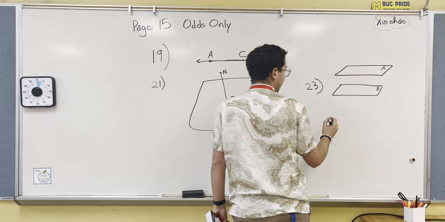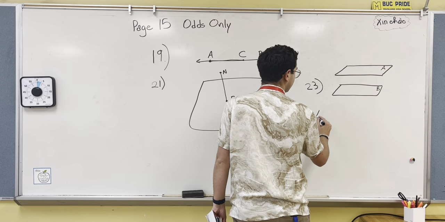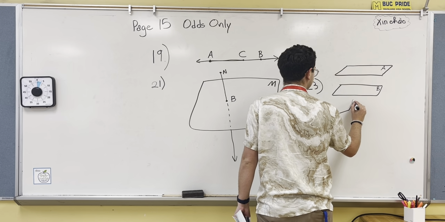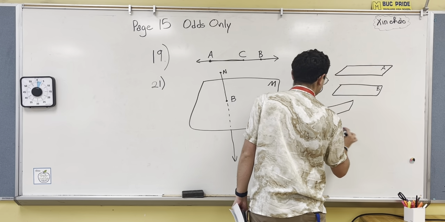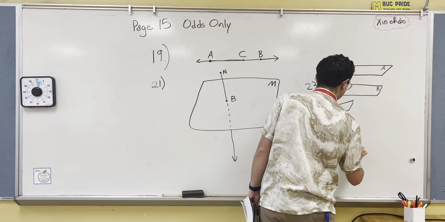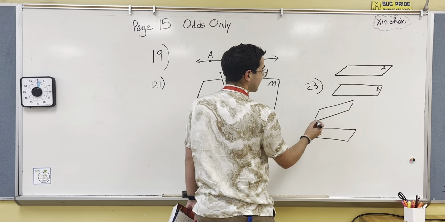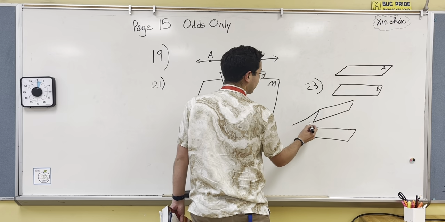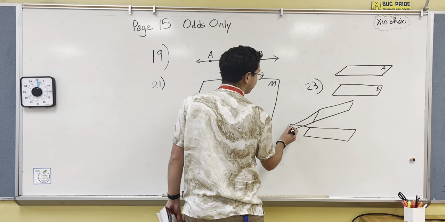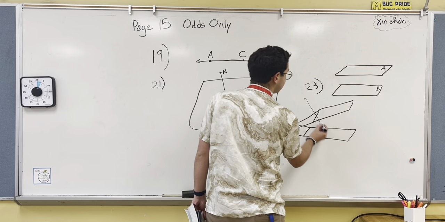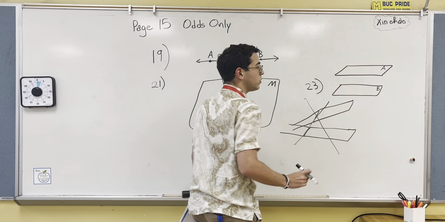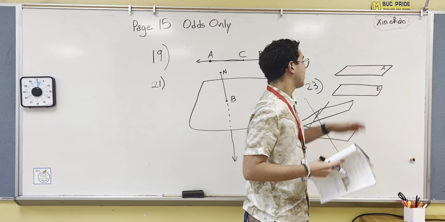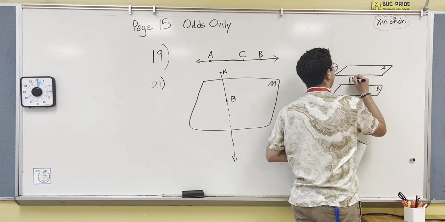Interesting to note is that if you drew your planes like this, even though they are not intersecting, the idea is that they would continue on and on and on for infinity and eventually intersect. So the only way they do not intersect is if they are parallel to each other.